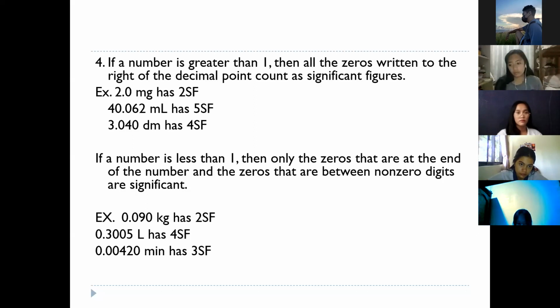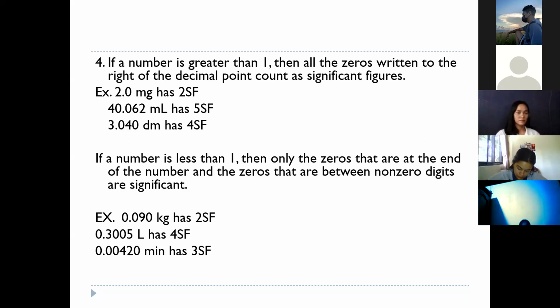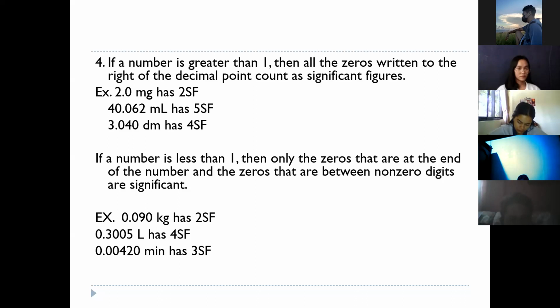So the explanation is rather long. But actually, it is trying to tell you that the trailing zeros in the presence of the decimal point are significant. To the right of the decimal point. So again, trailing zeros will only be significant if you have the decimal point.